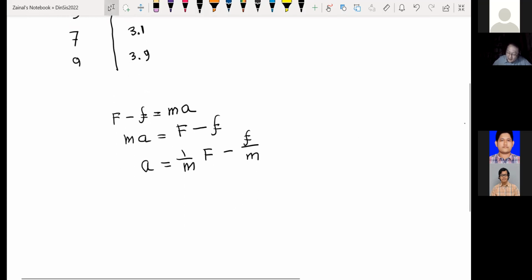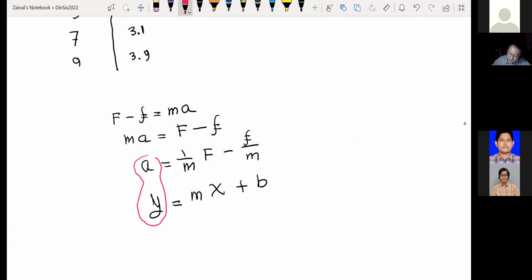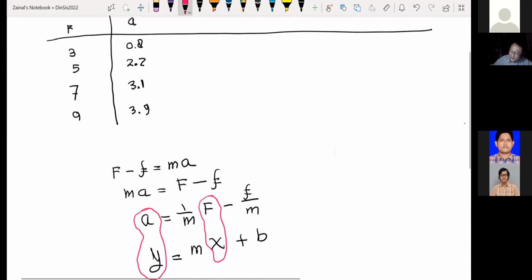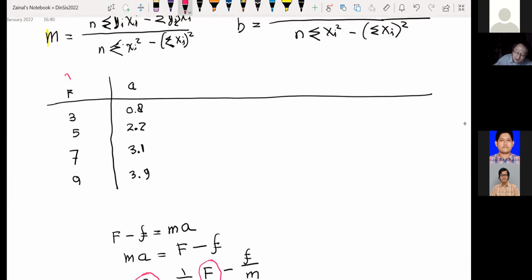What we already derived is y is equal to M multiplied by x plus b. So what does it mean? It means that A equivalent to y and F equivalent to x. So this one, F, is equivalent to x, and this one equivalent to y.